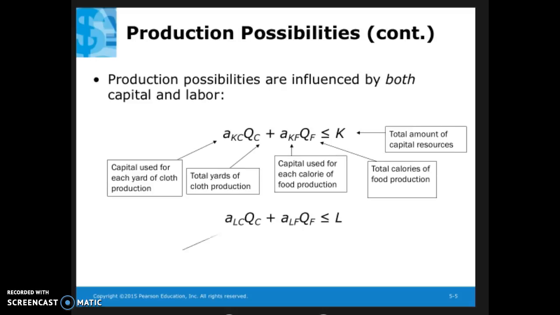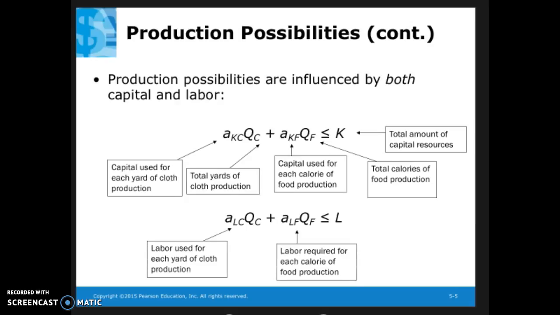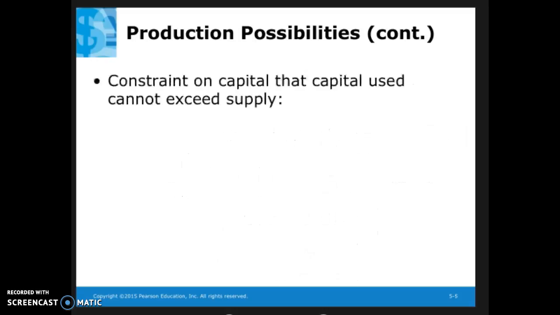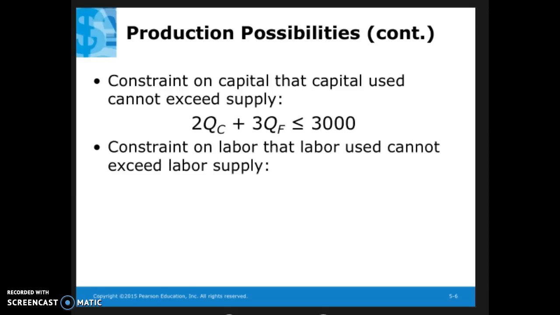And then the same is true for labor, where we have labor used for cloth, quantity, labor used for food, quantity of food, and then we have the total amount of labor. So we have a constraint on capital that we cannot use more capital than we have as supply. So that's what our budget constraint looks like. Then we have a constraint on labor, where we cannot use more labor than we have in supply. And that's what that constraint looks like.